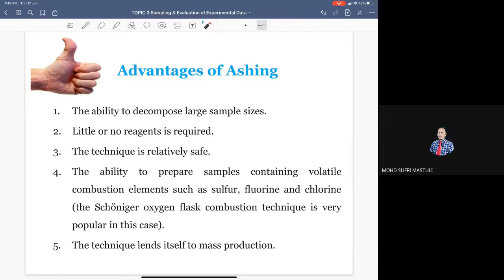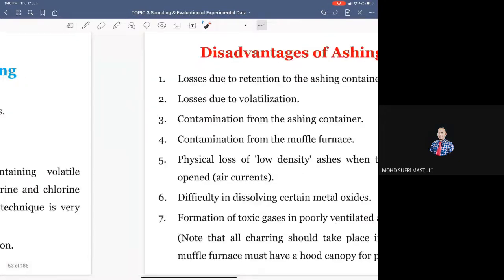Little or no reagent is required for the etching. The technique is normally relatively safe. And we can prepare samples containing volatile combustion elements such as sulfur, fluorine, and chlorine. This technique can be used for mass production.